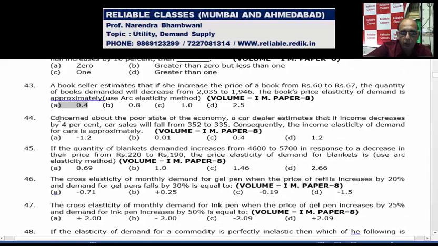Concerned about the poor state of the economy, a car dealer estimates that if the income decreases by 4%, car sales fell from 352 to 335. Now here they are talking about percent, so we cannot use the arc elasticity method. Consequently, income elasticity is how much?